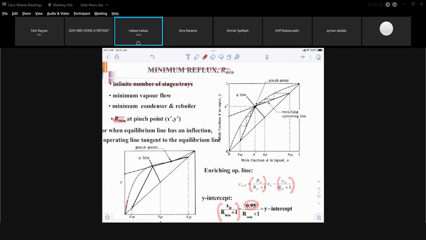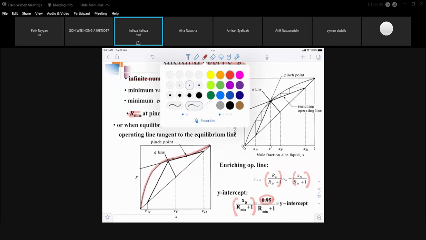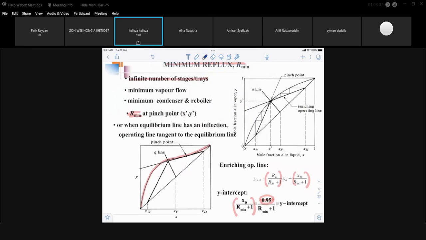If your curve is in this form, where it has an inflection, then your operating line for the enriching section starts on the 45-degree line at the xD mole fraction. You should be drawing a straight line tangent to your equilibrium curve. Tangent, it should be tangent.